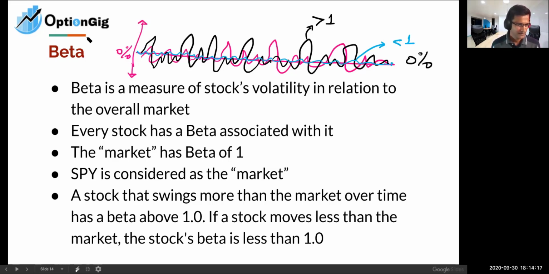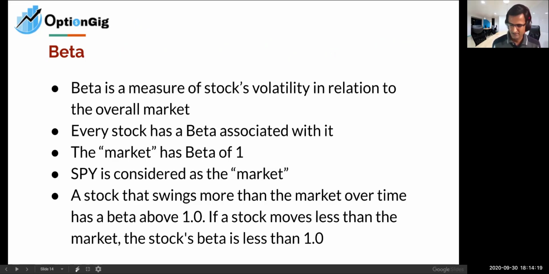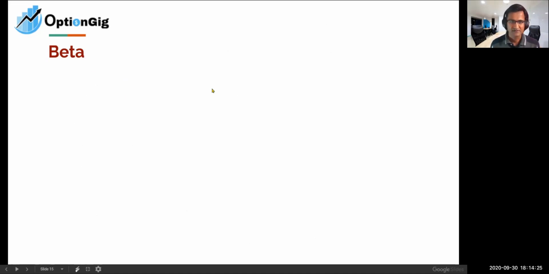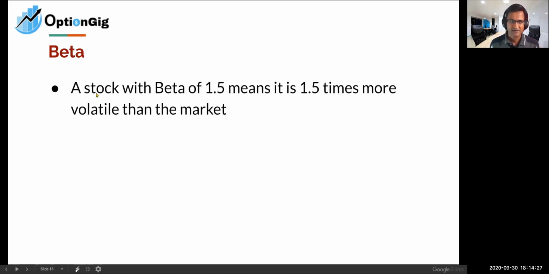Okay. So it is important to understand this concept. So let's continue on this one. A stock with beta 1.5 means it is 1.5 times more volatile than the market.